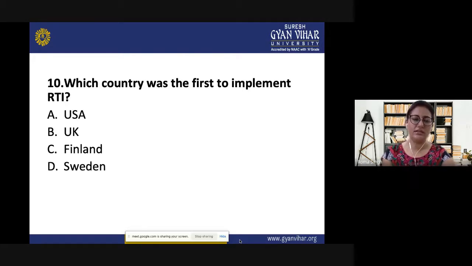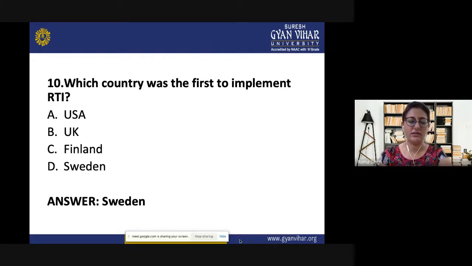Question number 10 is, which country was the first to implement RTI? The options are USA, UK, Finland, or Sweden. The correct answer is Sweden. The first RTI law was enacted by Sweden in 1766. It was largely motivated by the parliament's interest in access to information held by the king.